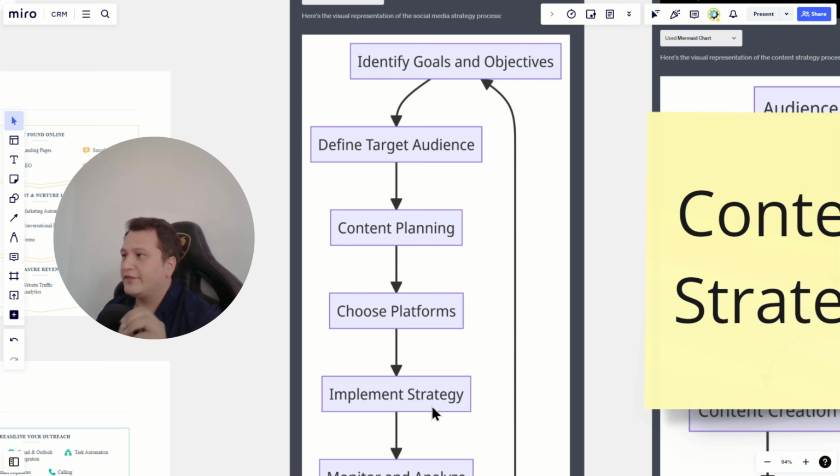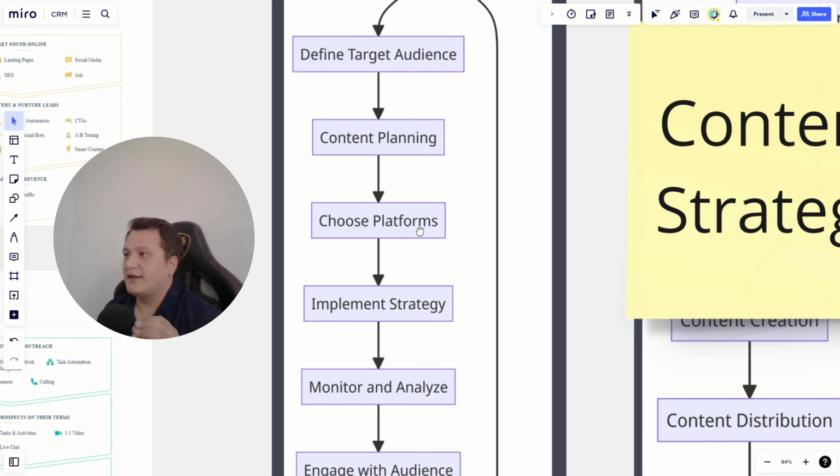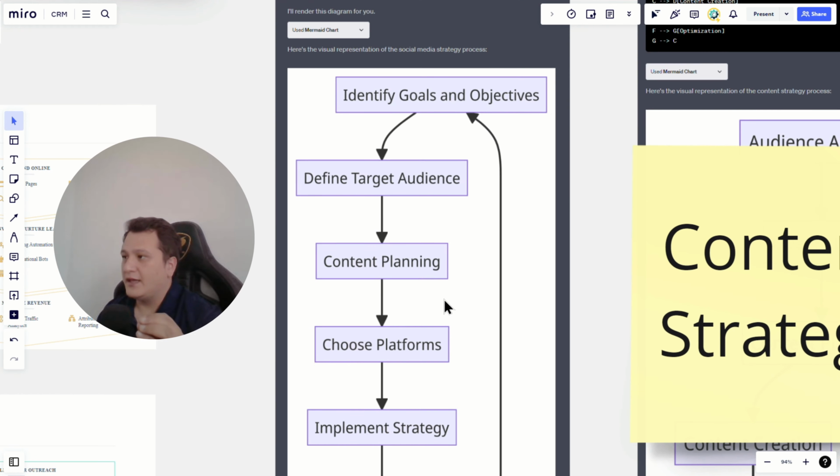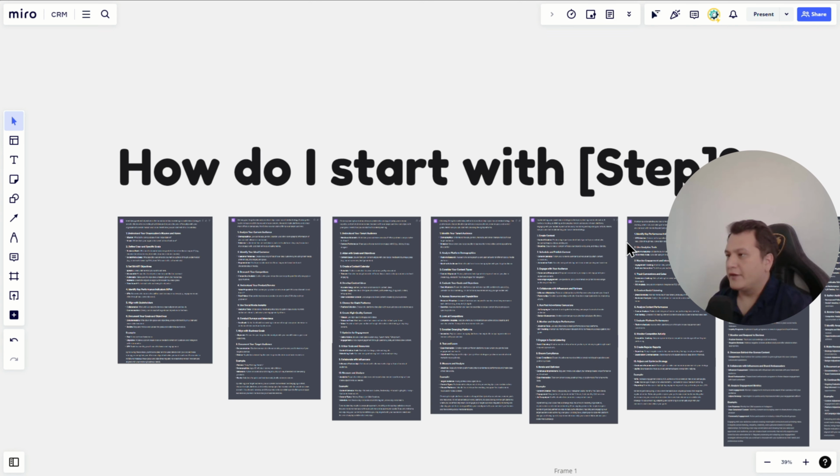And starting with identifying our goals and objectives, we can move to define the target audience. And that's where a lot of questions come in, and where I say, like, how can I create this process, when is the time gonna be, I don't have time for this. Then we ask ourselves this question and we transform it into a prompt.